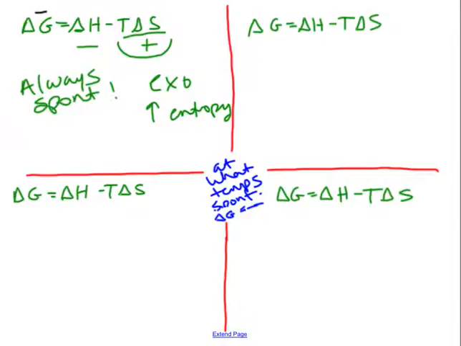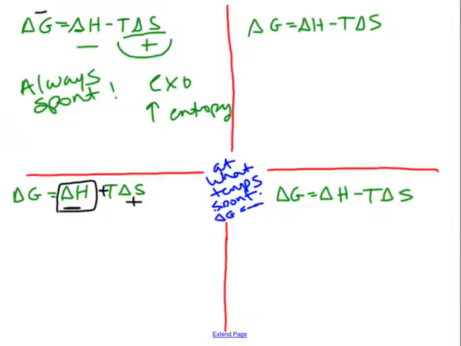Does everyone see that? Okay, now let's take a look at this next one. Let's stay with the exothermic, and this time we have a decrease in entropy. What happens to 2 negatives here? It becomes a positive delta, right? So if we want delta G to be negative, that's going to be our source of negative.